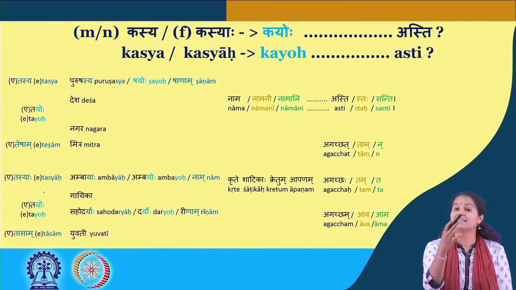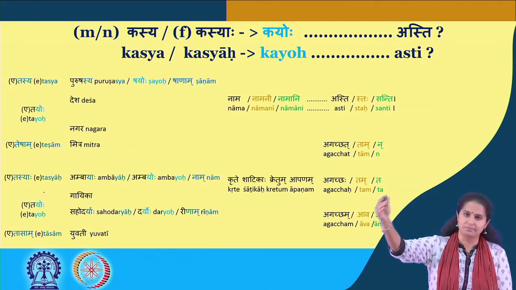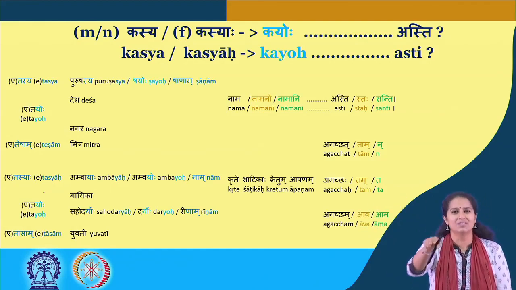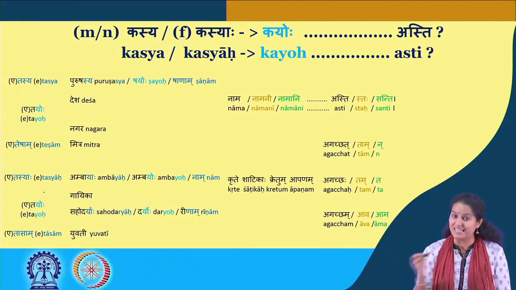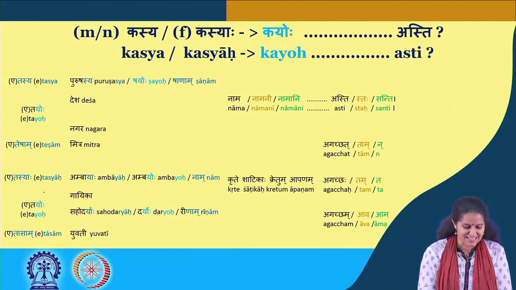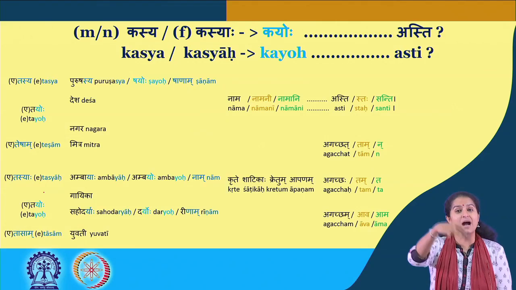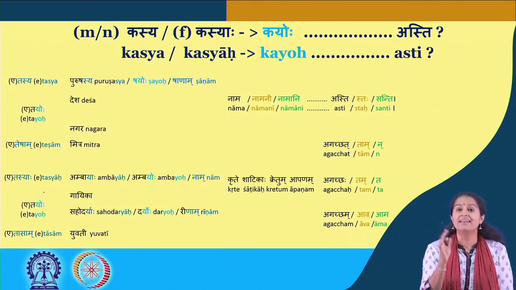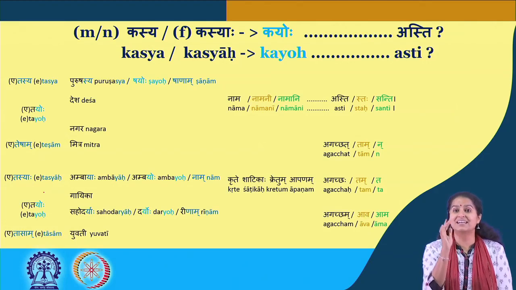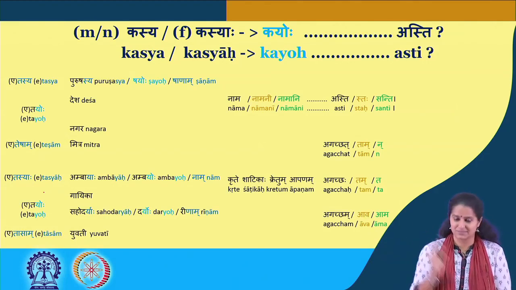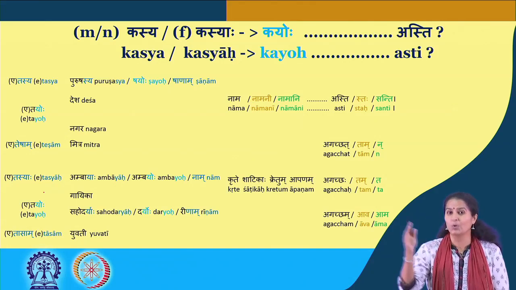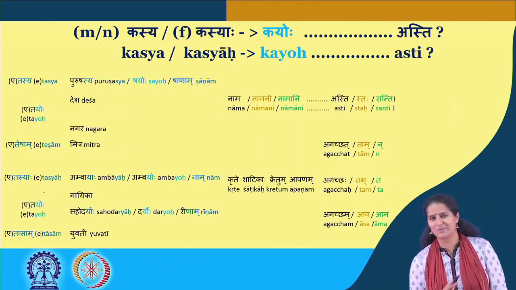Let's move on. Tasya deshasya nama, fill in the blanks. Dual, tayoho deshayoho namani, fill in the blanks. And plural, tesham deshanam namani. Done. Nagara, so tasya nagarasya nama, two of them, tayoho nagarayoho namani, whatever.